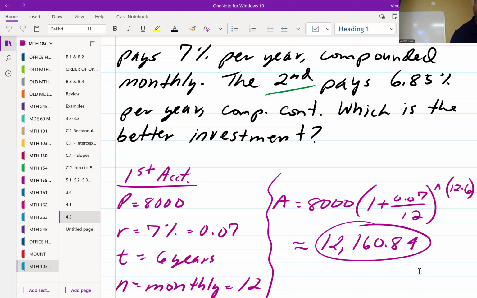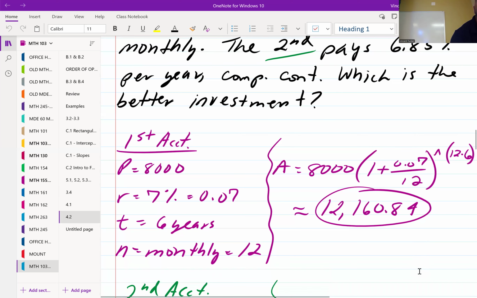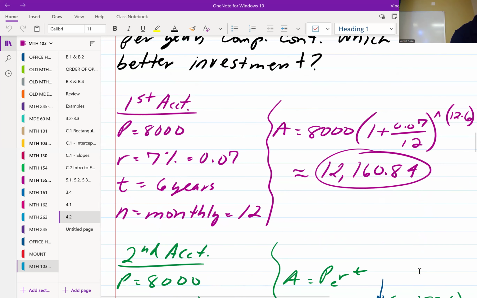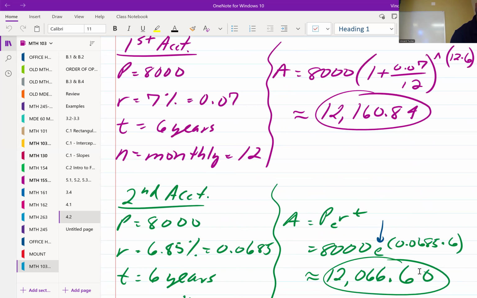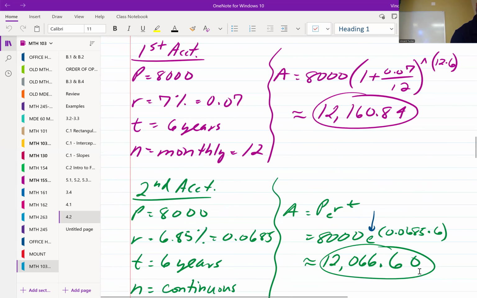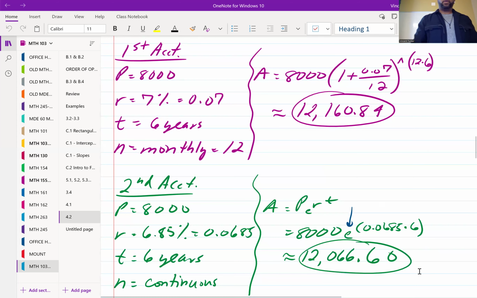All right, can we scroll up on the black? So the second account was continuous. Once again, P was 8,000. Our rate this time is 6.85%, so it's 0.0685.